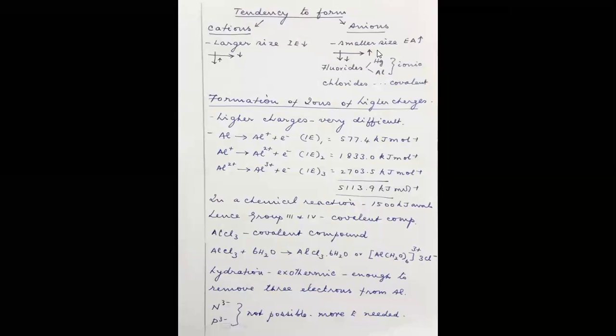Hence, it is able to form an ionic compound by gaining electrons. But when you move down, in chloride, the electron affinity is not that high, so it tries to form a covalent compound. So this is how the tendency to form cations and anions changes in the periodic table.